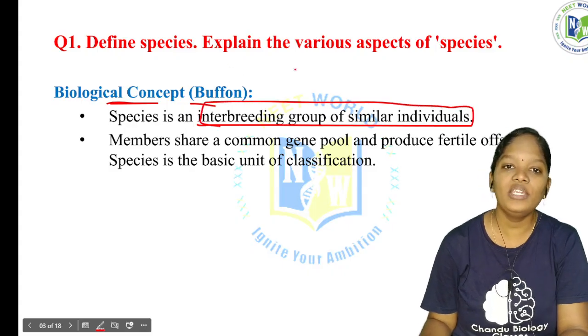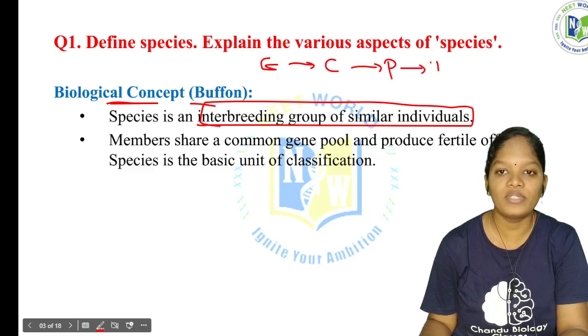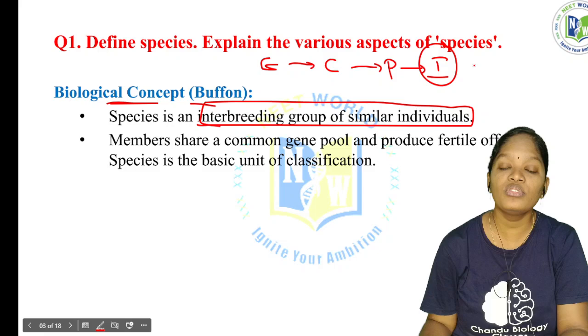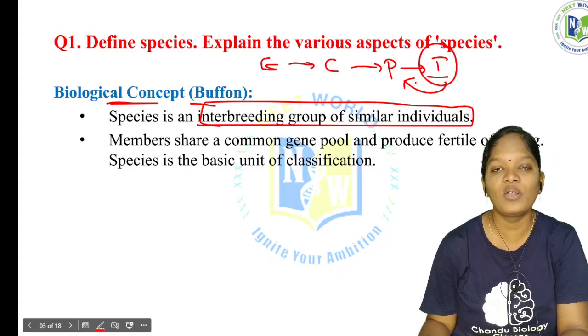In the ecosystem, we have a community, a population, and an individual. A group of individuals belonging to the same species, living in the same area, we call a population.